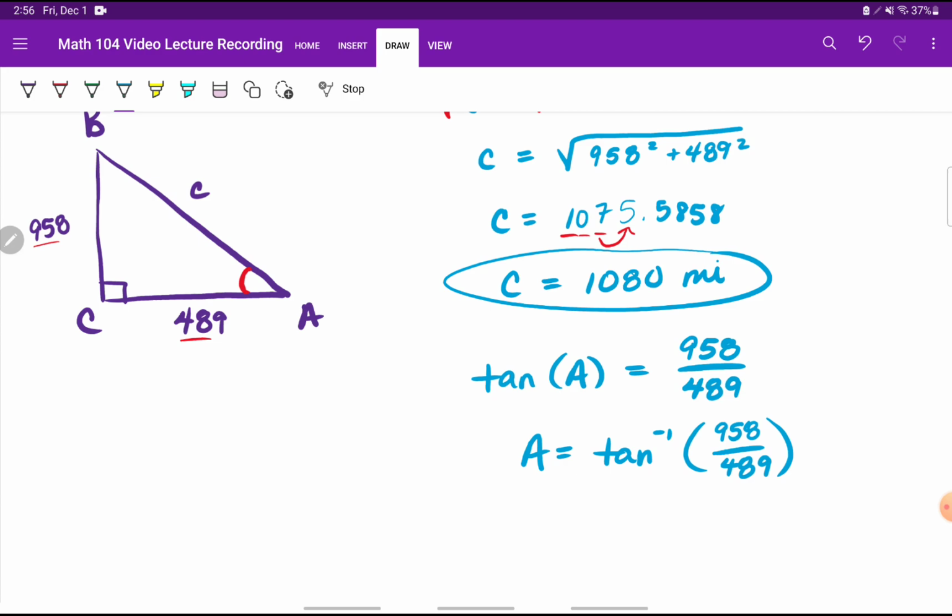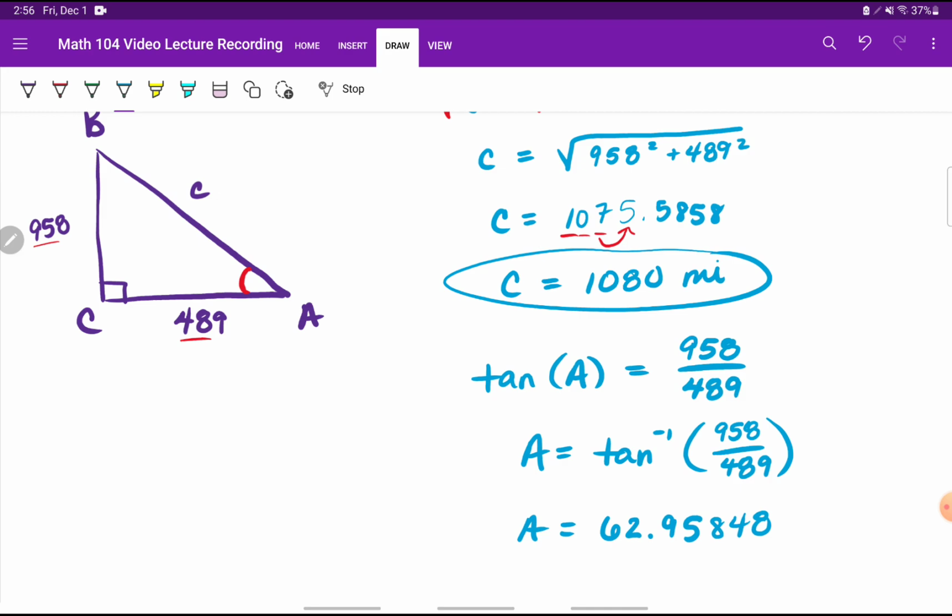We'll put this into our calculator. We get A to be equal to 62.95848. And again, we're rounding to 3 significant digits.